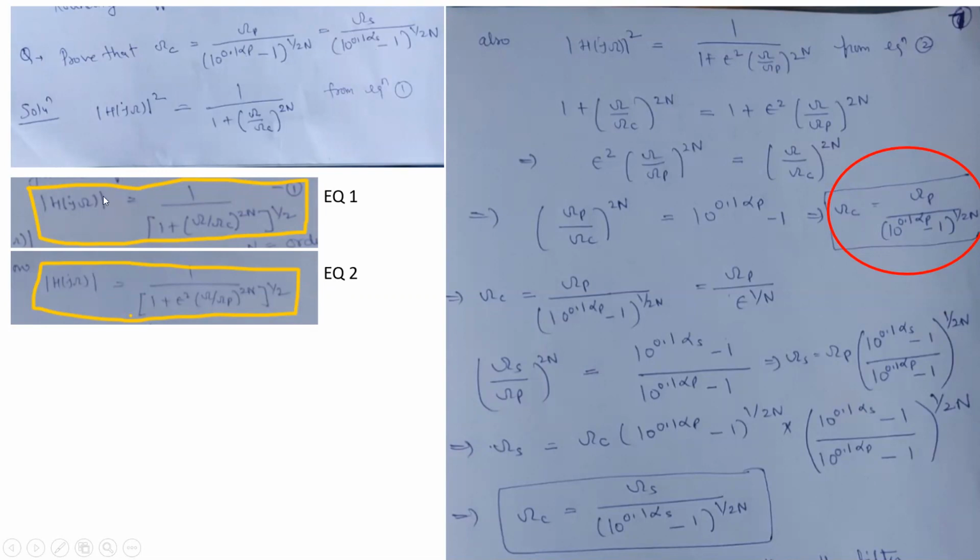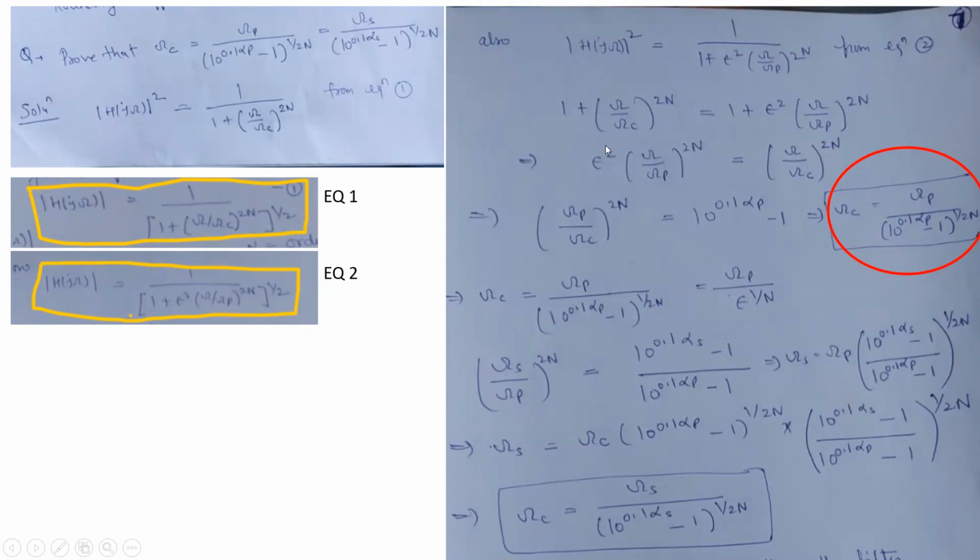Now we already know that the magnitude response of the Butterworth filter is expressed in terms of cutoff frequency and order of the filter n by equation number 1, and in terms of allowable passband parameter epsilon, passband frequency omega p, and order of the filter n by equation number 2.